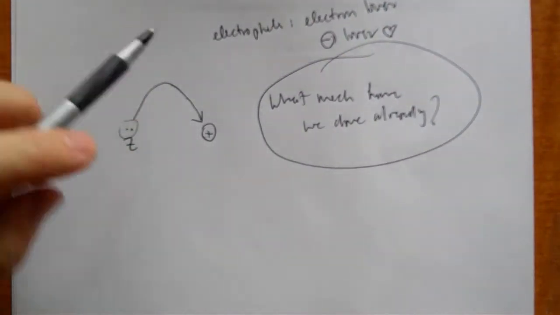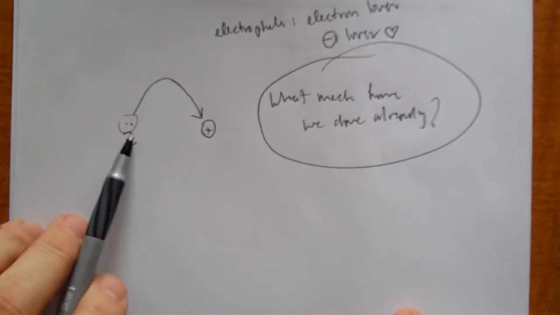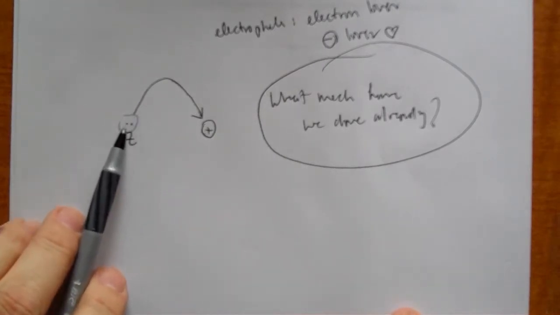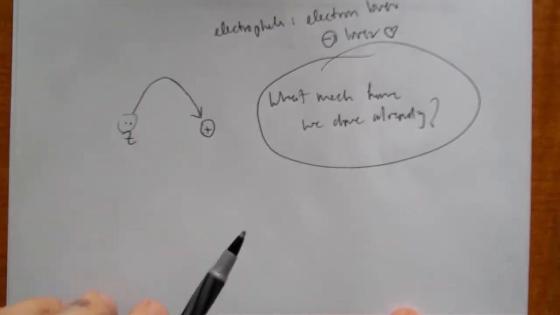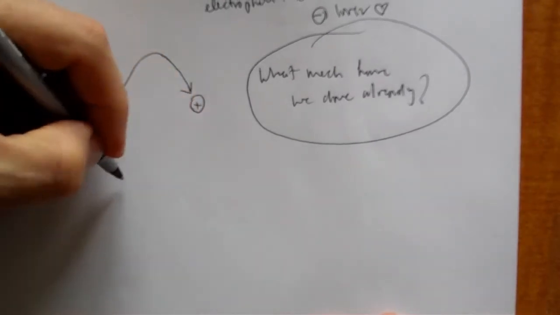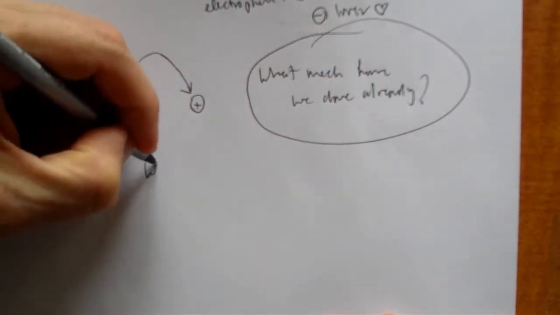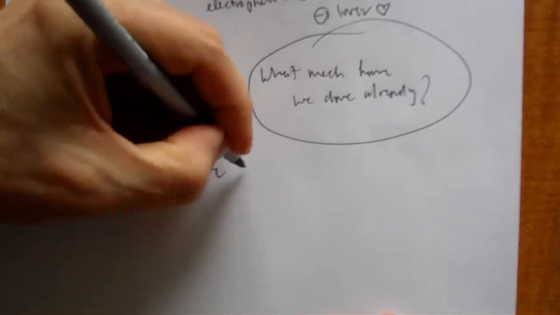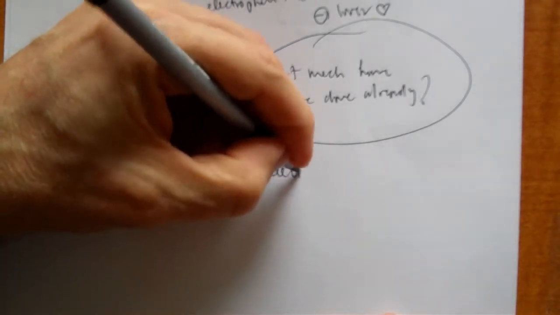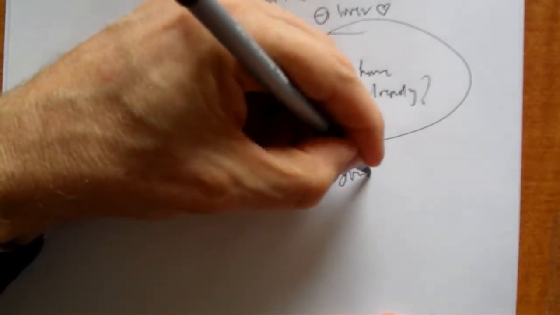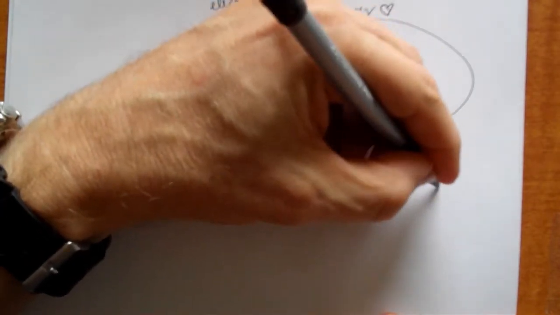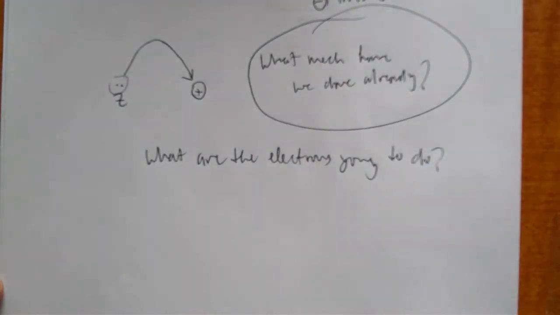And the answer is, I'm not going to tell you, but in that mechanism, we drew the action of electrons with a curved arrow. The overarching question in all of organic chemistry is, what are the electrons going to do? And if you answer that, everything else is easy.